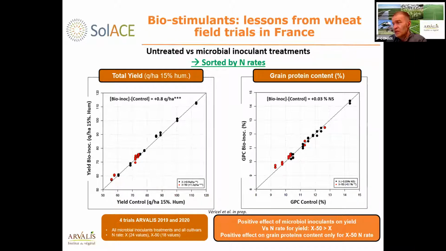As you can see, it's interesting that we can see a greater positive effect of the bio-inoculant for the under-fertilized treatment compared to the well-fertilized treatment. It's quite logical, but it's nice to be able to show it in the field.